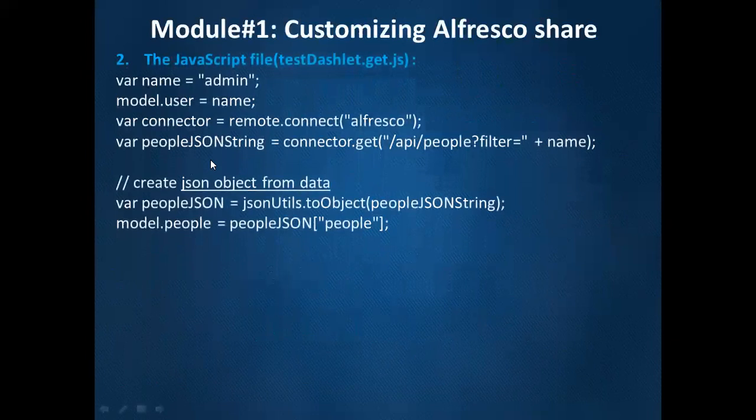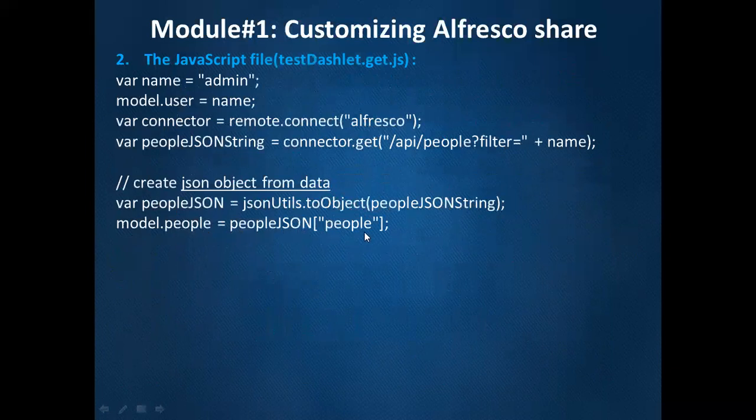Let's understand what I wrote here. var name, I give admin. model.user equals name. var connector equals remote.connect Alfresco. var peopleJSONString equals connector.get API people filter equals name. var peopleJSON equals jsonUtils.toObject of peopleJSONString. model.people equals peopleJSON.people.